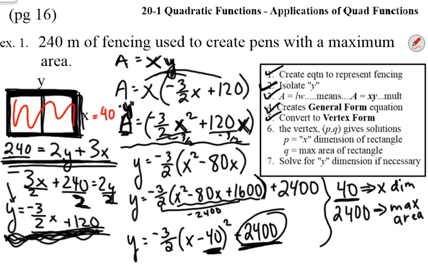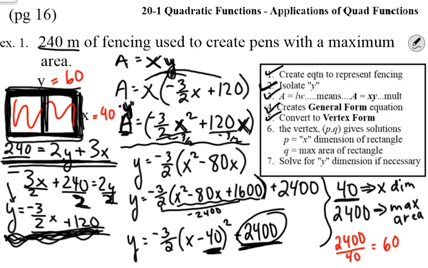Make sure that you solve for the y dimension. Area is 2,400. Divide by the one dimension. That leaves us with 60. So y is 60. If you're going to build this kind of a pen with 2 sections in it using 240 meters of fencing, it will end up being 60 meters by 40 meters and have a maximum area of 2,400 meters.